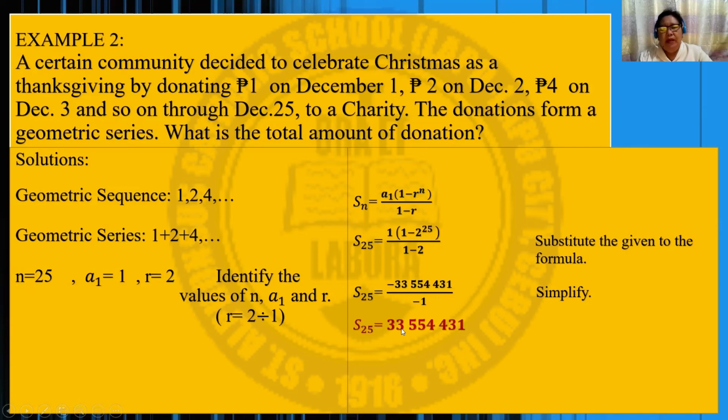And then simplify, it will give you 33,554,431. So the total amount of donation is 33,554,431 pesos.